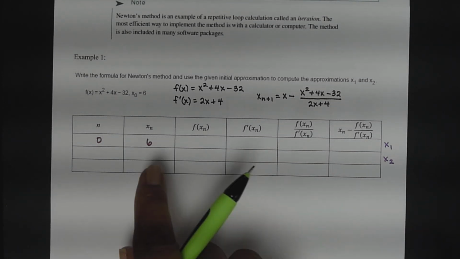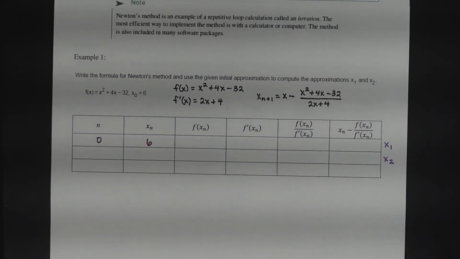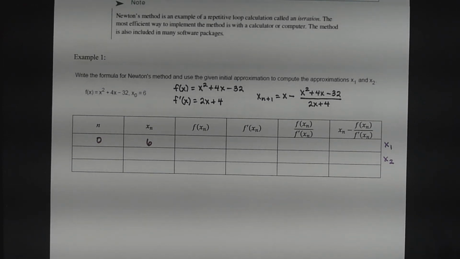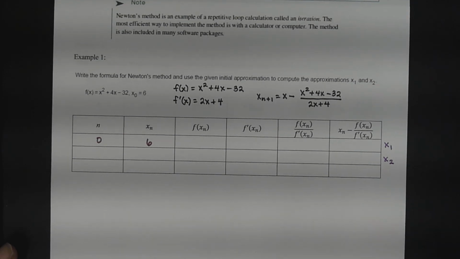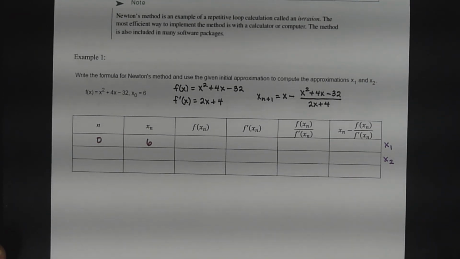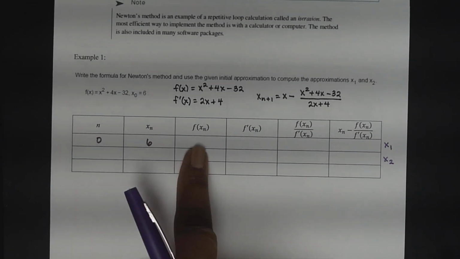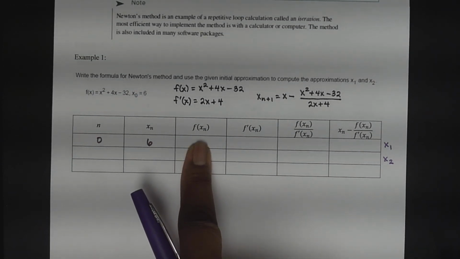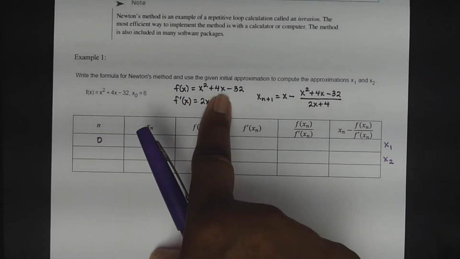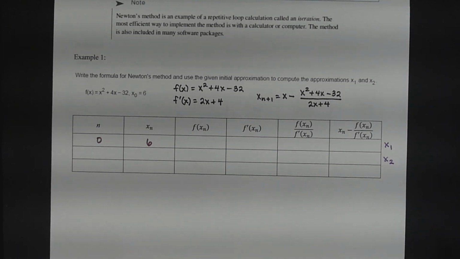Okay, so we're going to use this table to help us complete those numbers that we're looking for. In this case, we want x1 and x2, so here's what we're going to do. f of x n. Well, f of x is x squared plus 4x minus 32.